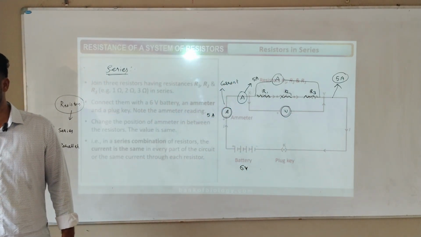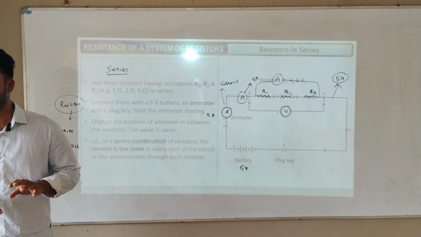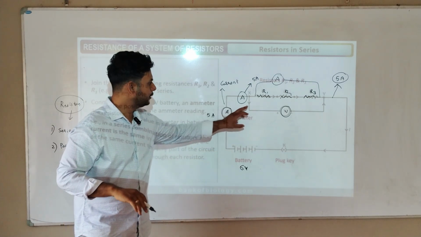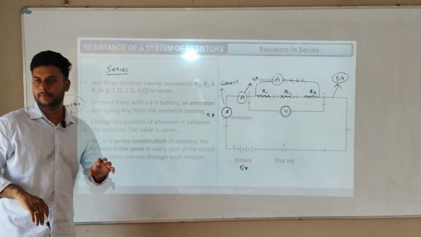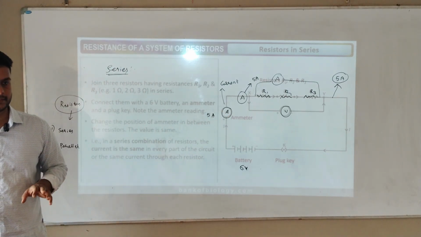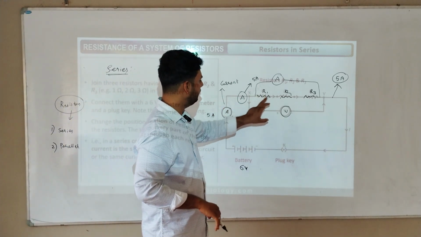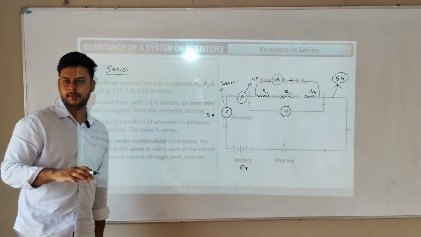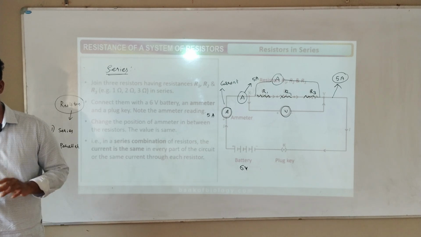So series resistance tells us that the current flow will never change. Here, if you connect a 6 volts battery, whatever the current is flowing through resistance R1, R2, R3, the current will never change. If it is 5 ampere here, it will be 5 ampere here too, wherever you keep it, you will find the same current flowing through the circuit. Throughout the circuit, same current will flow.